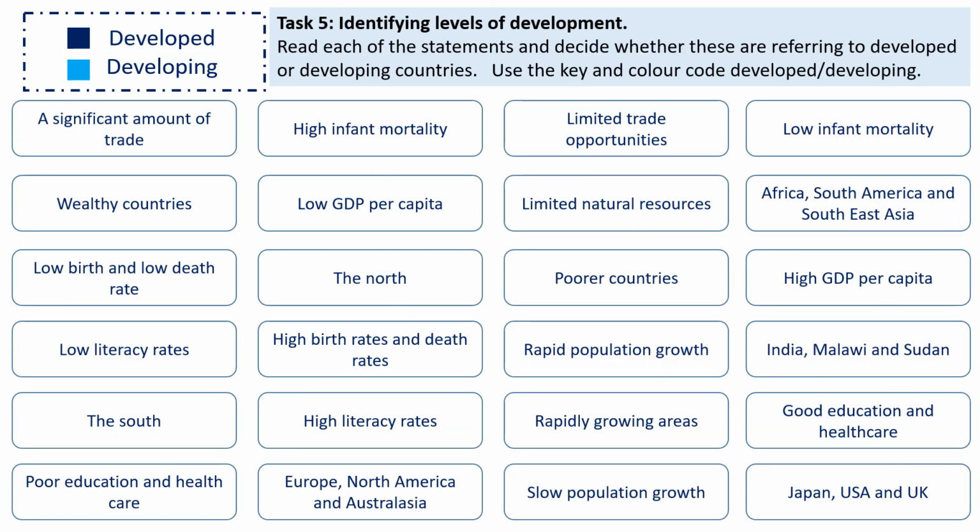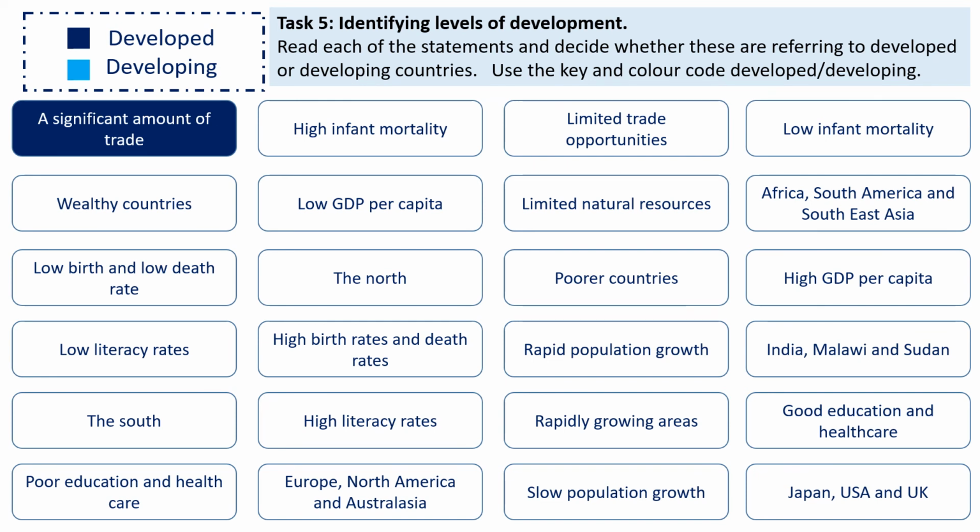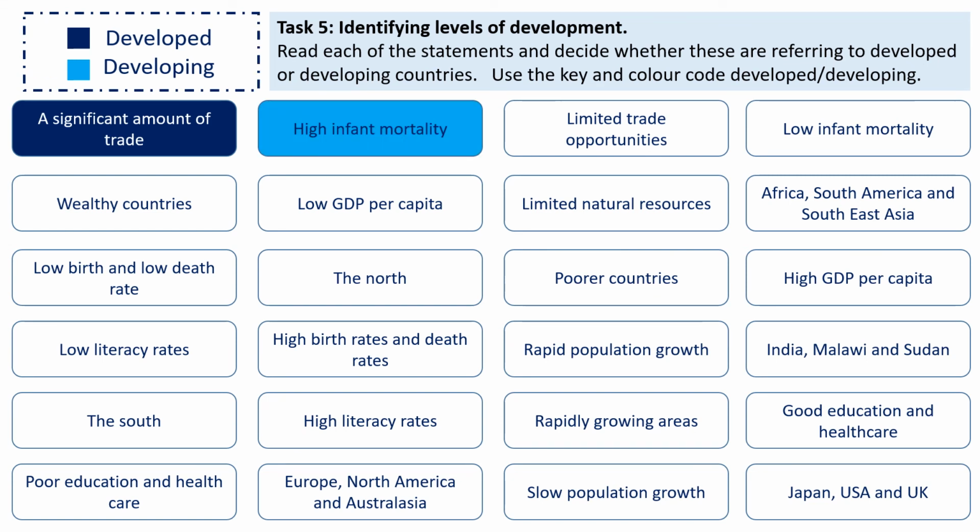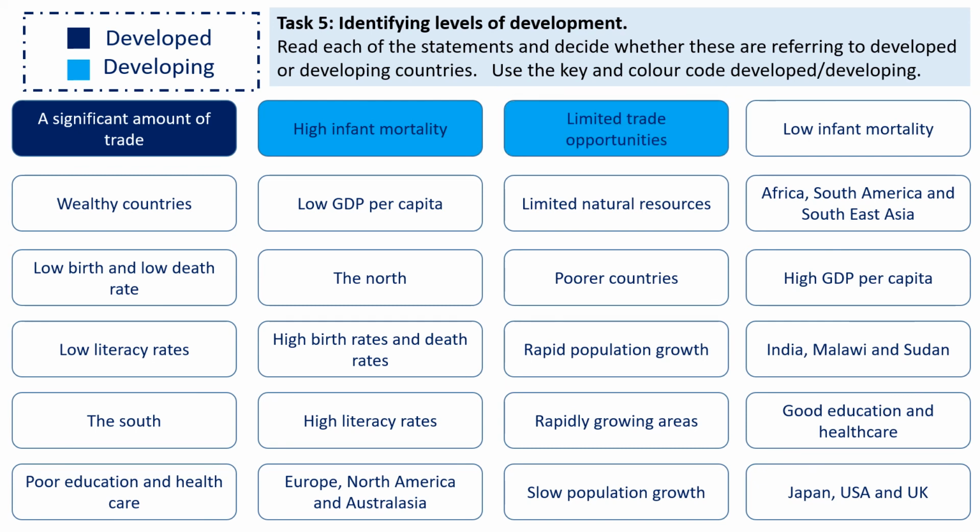So for example, a significant amount of trade. If a country is trading a lot, that would suggest it's probably a developed country. High infant mortality, so lots of children dying, would suggest it's probably a developing country, maybe because healthcare is poor and therefore children get poorly and unfortunately don't get better.